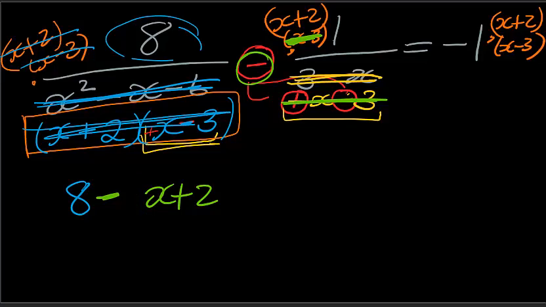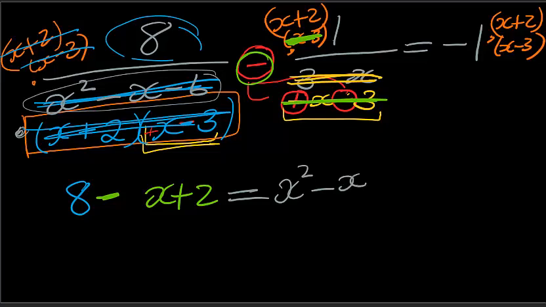And that is going to be equal to, now I have x plus 2, x minus 3. Go back to this blue section here. You see x plus 2, x minus 3 is actually this gray. So on the right hand side, I have that gray, which is x squared minus x minus 6. Or you can multiply it out. So now I have a quadratic, and because I have a quadratic, I want everything to equal 0.